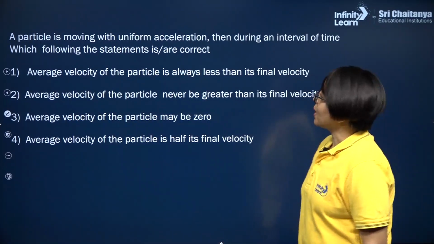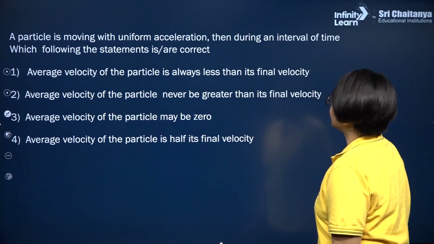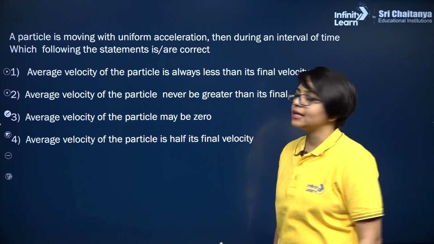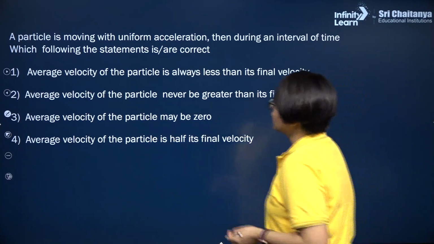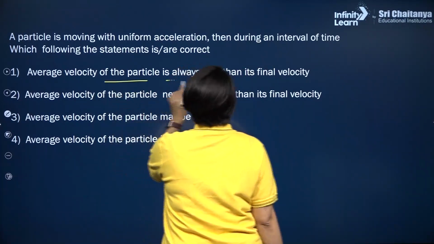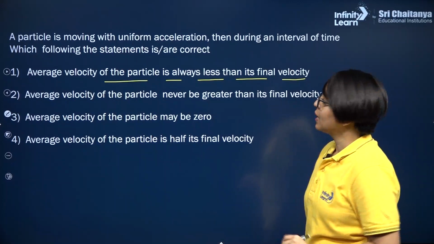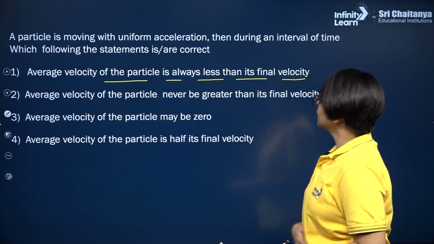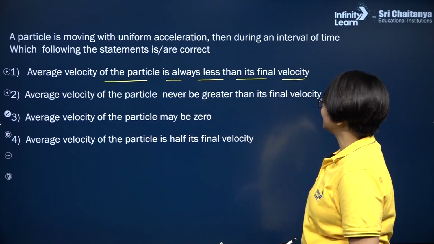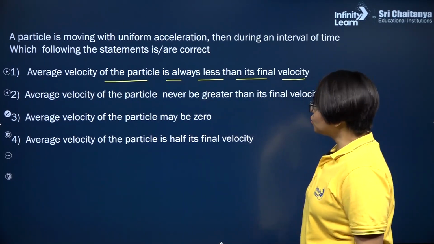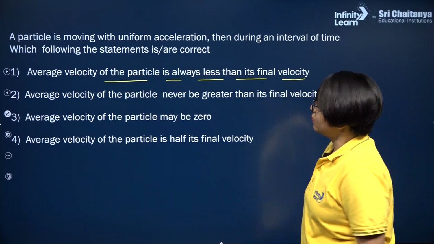Next is, a particle is moving with uniform acceleration, then during an interval of time, which of the following statements is correct? Average velocity of the particle is always less than its final velocity? No, it might be true, it might not be true, it is not always true.